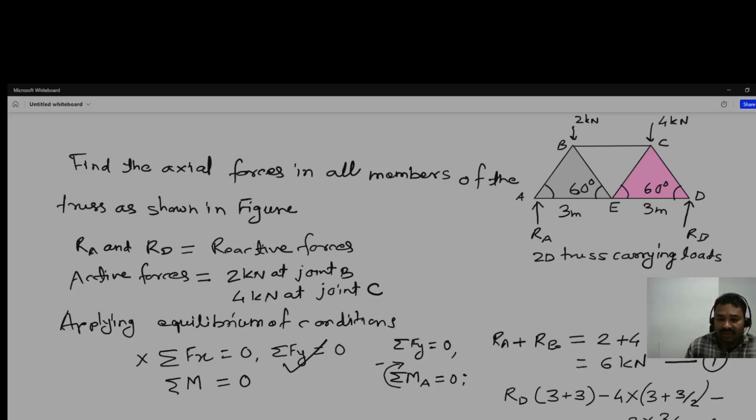So by solving this we get RD is equal to 3.5 kilonewton.